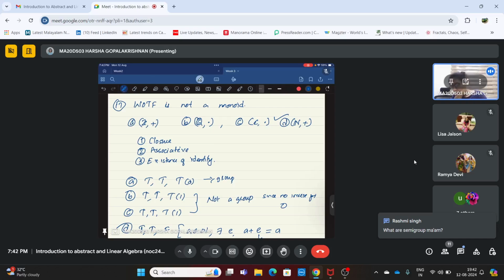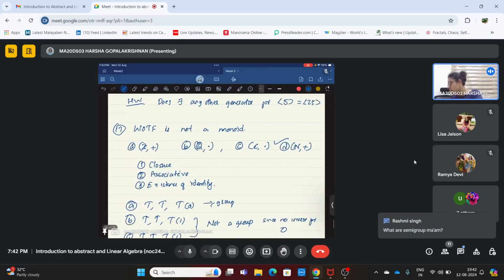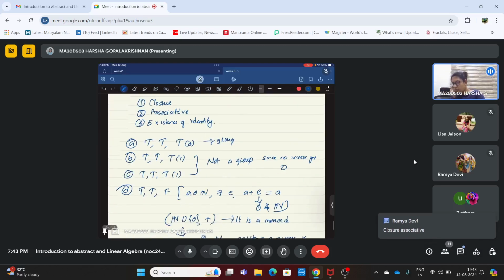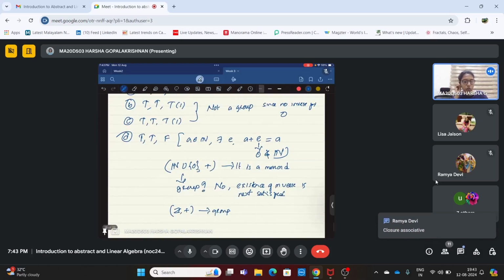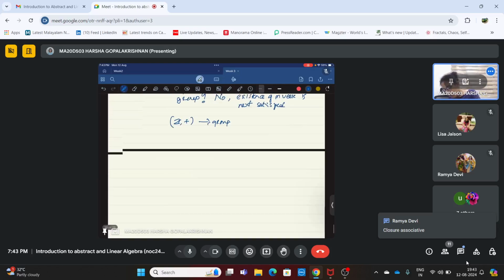What is a semigroup? Okay, a semigroup means only two conditions: closure and associativity.